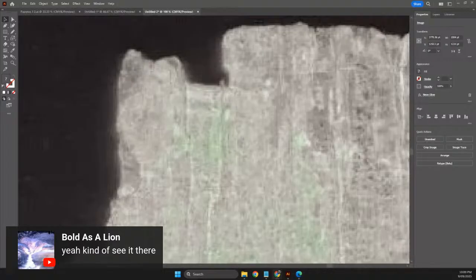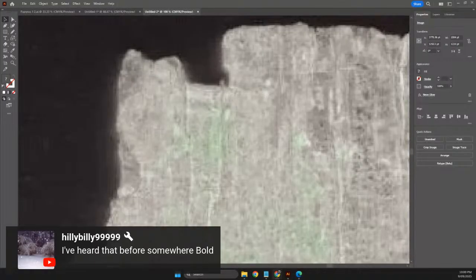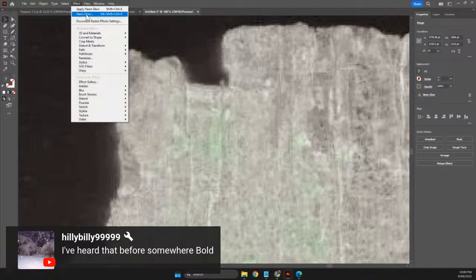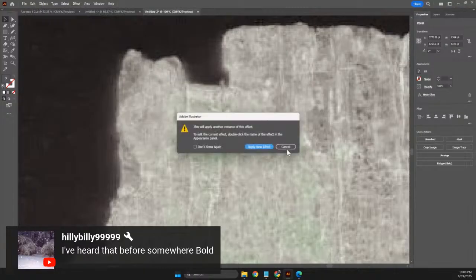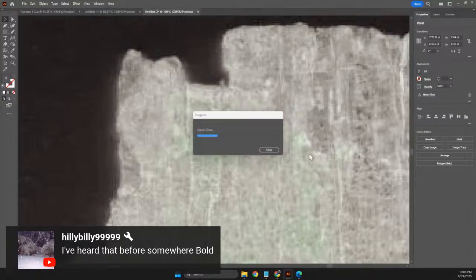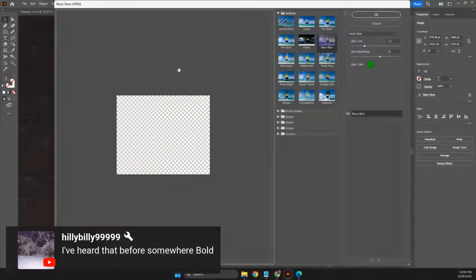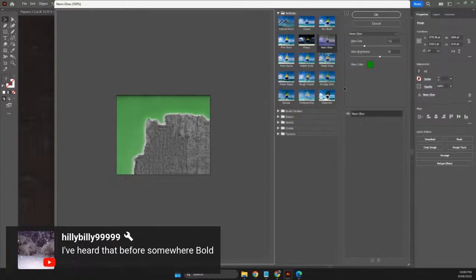Boulder's line says, yeah, kind of see it there. Okay, I'll do it again. Neon glow. Let's apply a new effect. Okay.